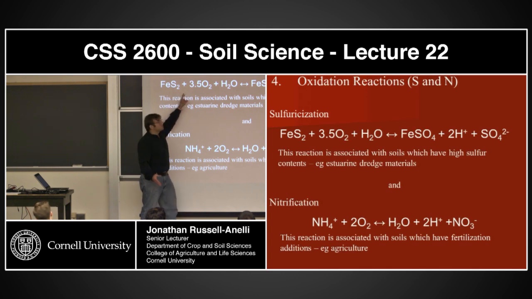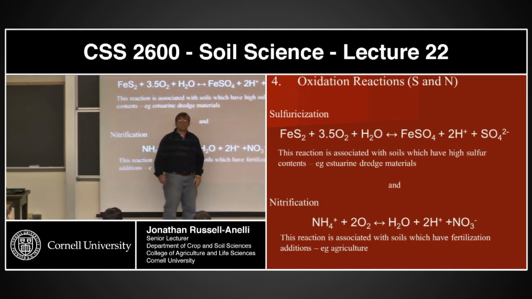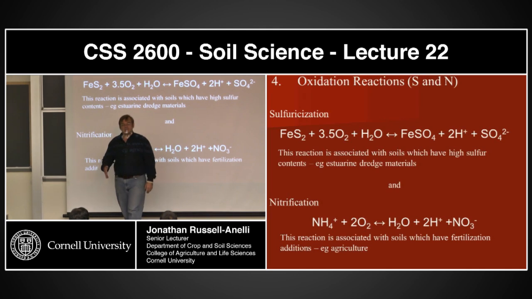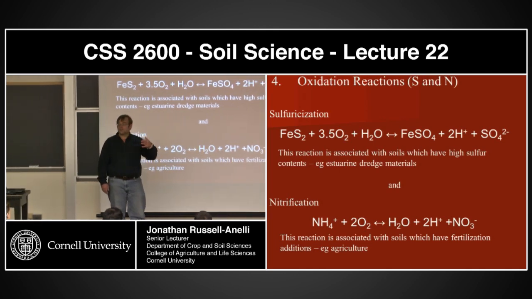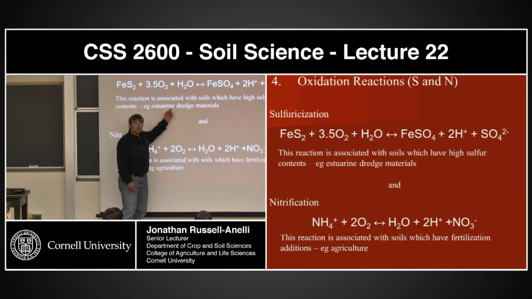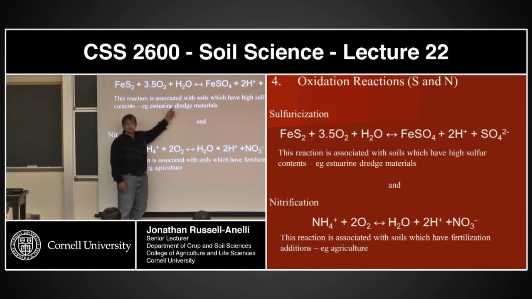But you expose it, and after a couple weeks, actually faster than that, the pHs start dropping and you get pHs of 4s, 3s. This is also associated with acid mine waste, acid mine spoil. This is why all those streams in West Virginia, Western Virginia and Maryland are all acidic.